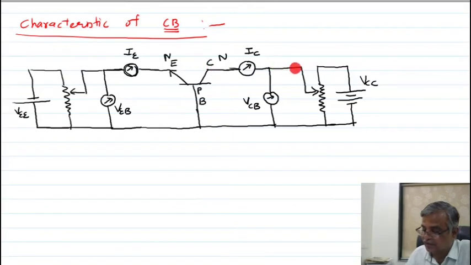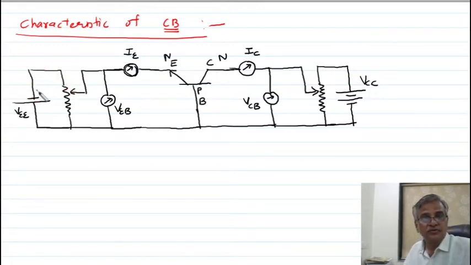So the N-type material I have connected to the positive terminal of the battery, so this is in reverse bias. Emitter is in forward bias, you can see here. So this is the circuit diagram to obtain the input and output characteristics of the common base configuration. Base is common here.